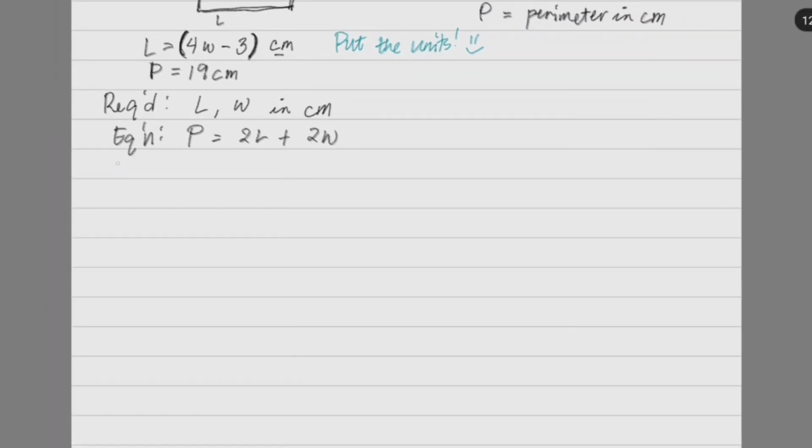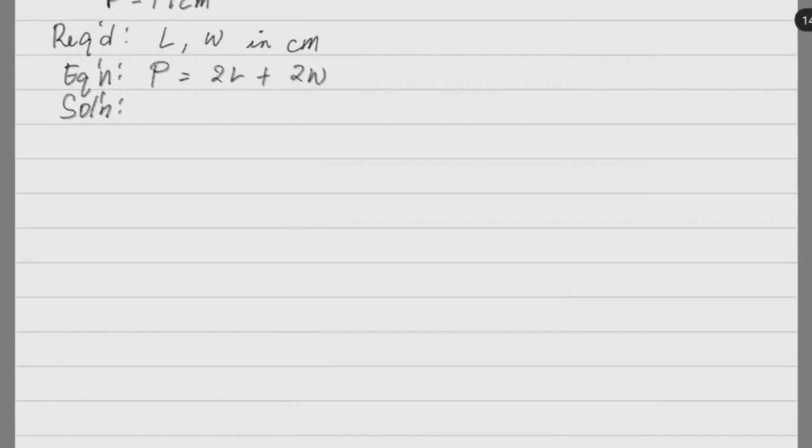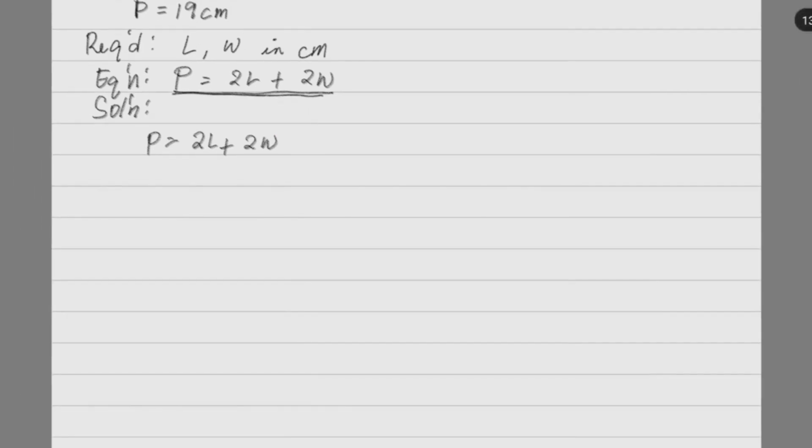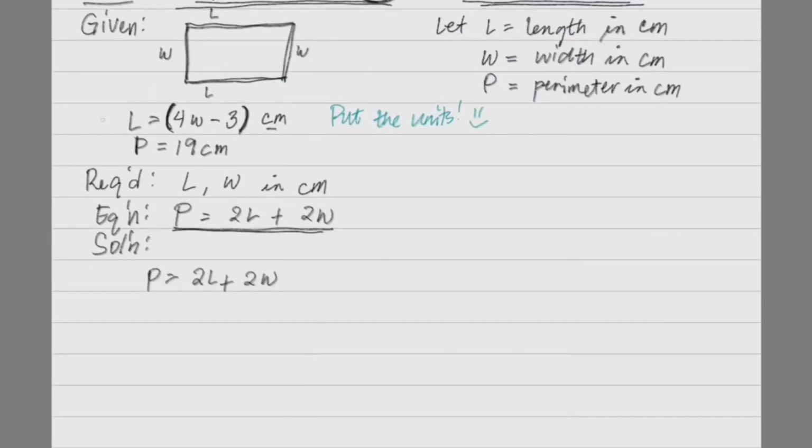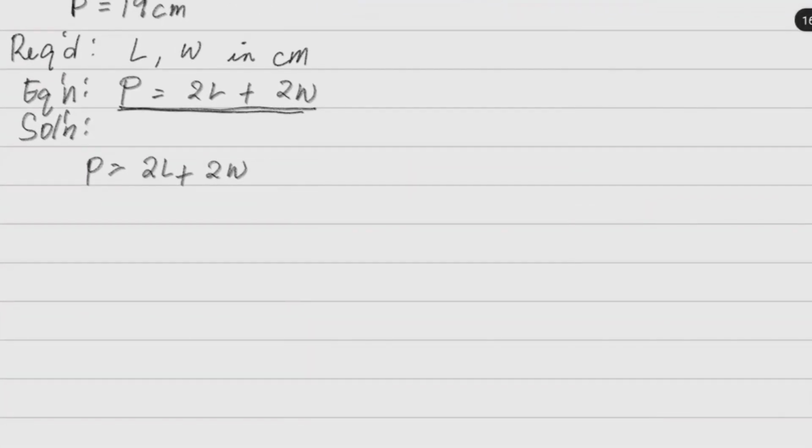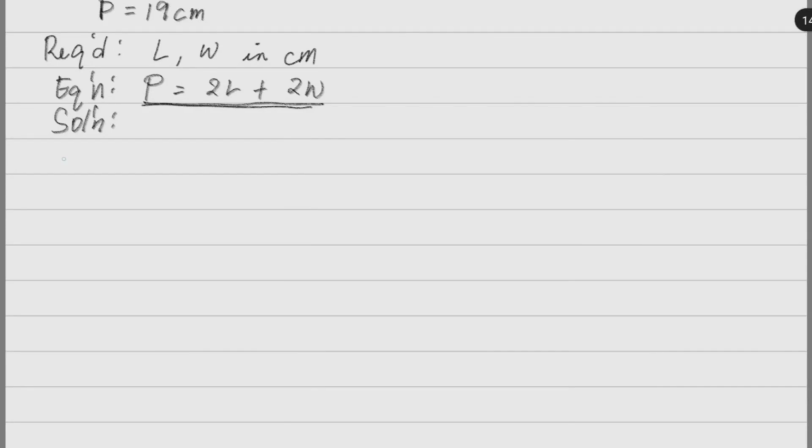Now, we go to the solution. Using this same equation, P is equal to 2L plus 2W. We will substitute the value of the length. But before we do that, we can have a notation here.